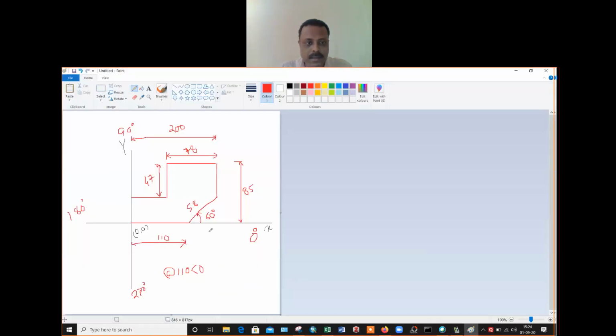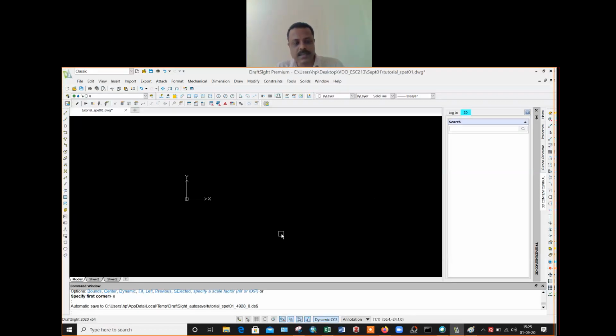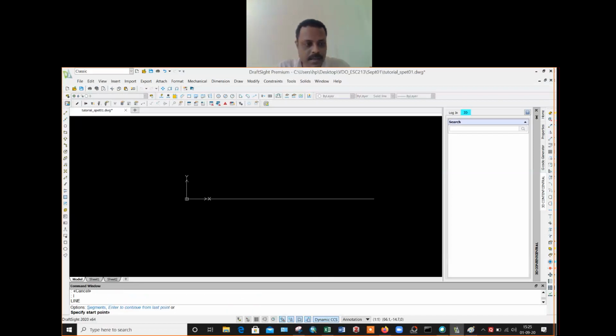Then, starting to draw this line. How much is the length? 58 mm. So how much is my starting point? 0 and 110, right? This is my starting point. So I say line. It says specify start point.